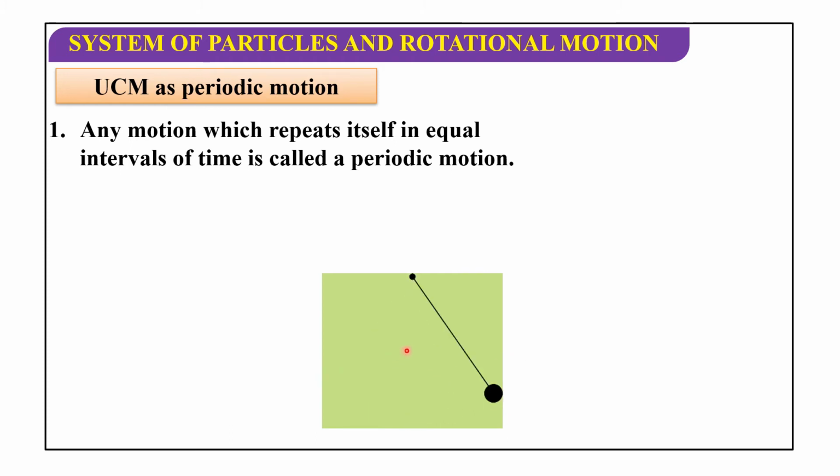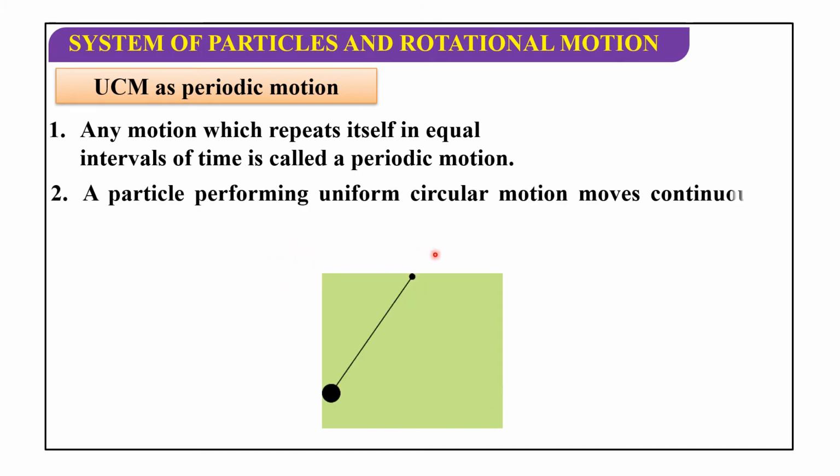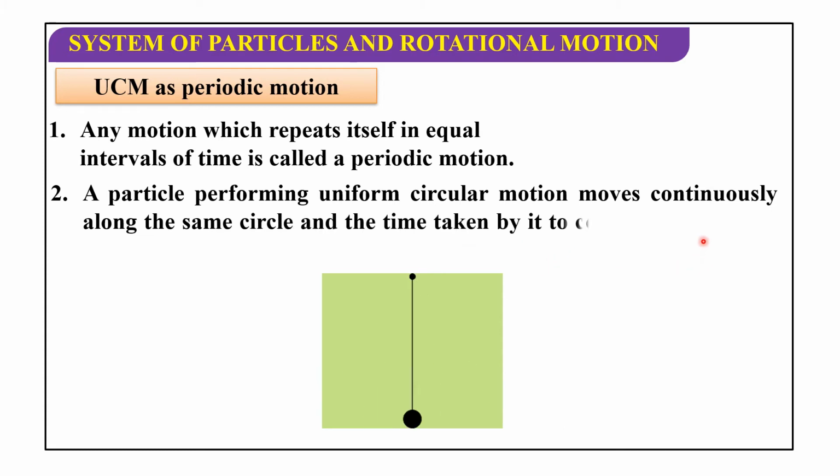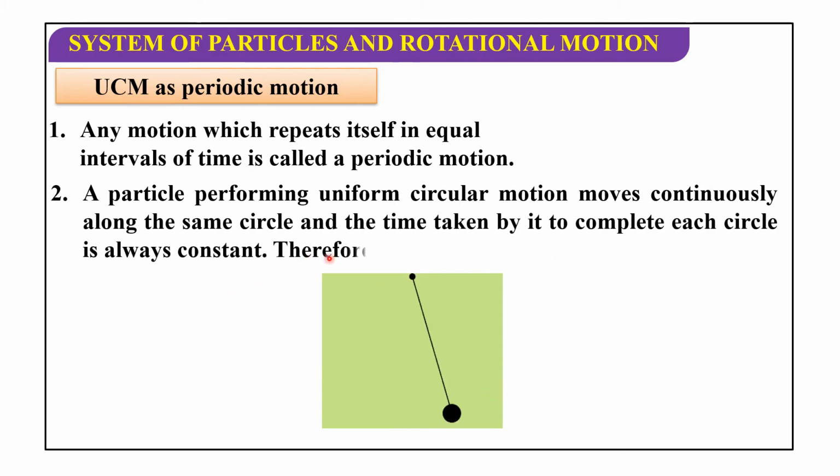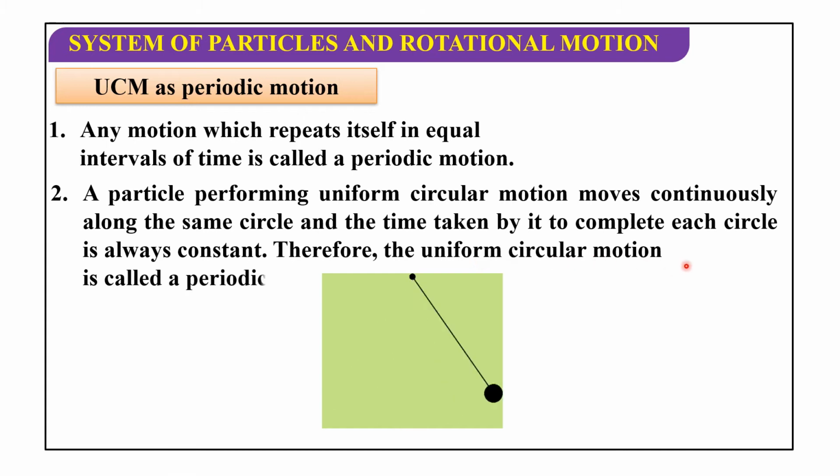So any motion which repeats at equal, that is regular, intervals of time is called periodic motion. A particle performing uniform circular motion moves continuously along the same circle and the time taken to complete each circle is always constant. Therefore, uniform circular motion is called a periodic motion.